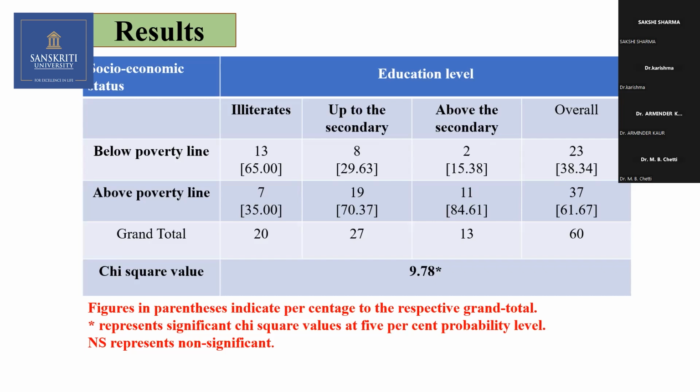Whereas the below poverty line people, most of them, 65%, are uneducated. That means to say that there is an association between education and socioeconomic status, and chi-square is also significant. That is evident from chi-square, which is significant. So they are dependent on each other. Education level is dependent on socioeconomic status.